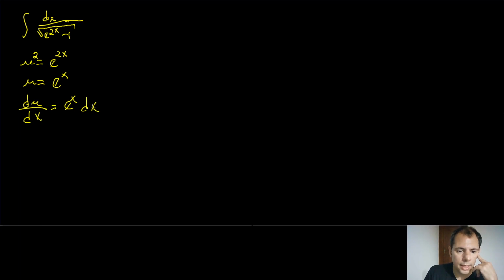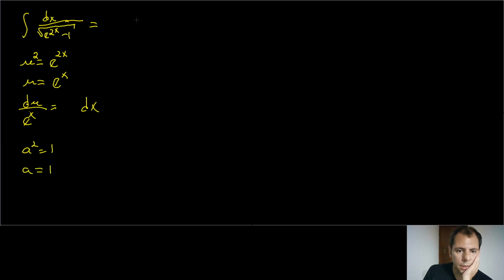So we put the dx over here and get it out of here, and then we get this e to the x over here and move it over. And the a squared equals 1, so a equals 1.